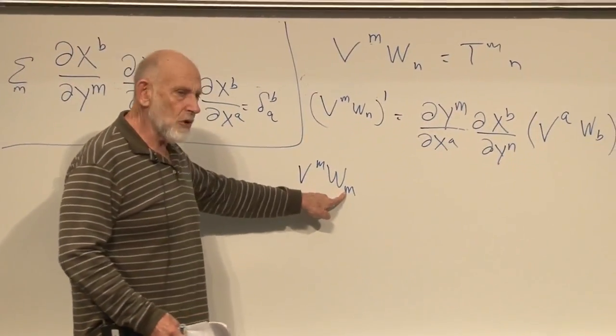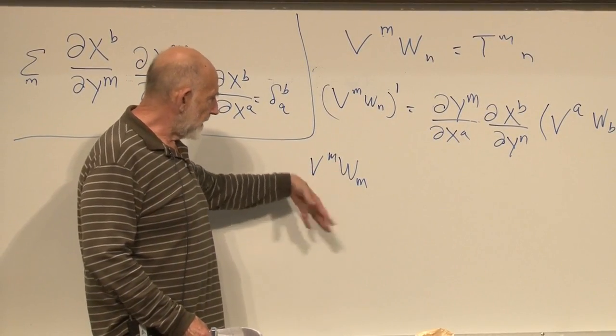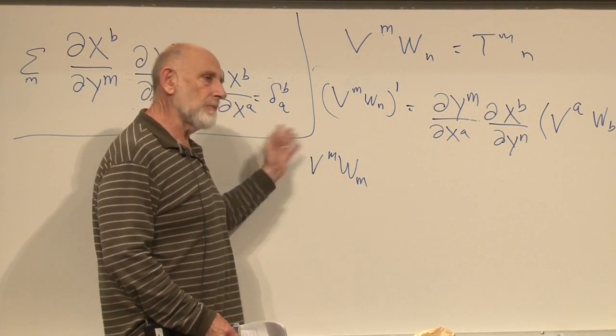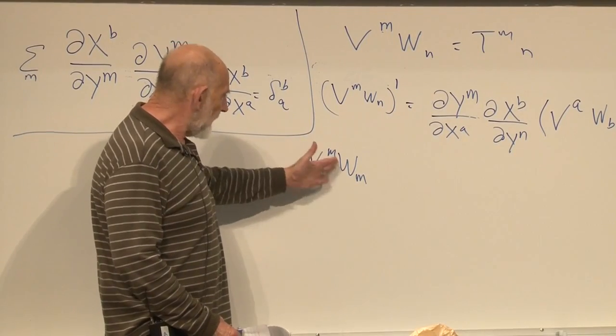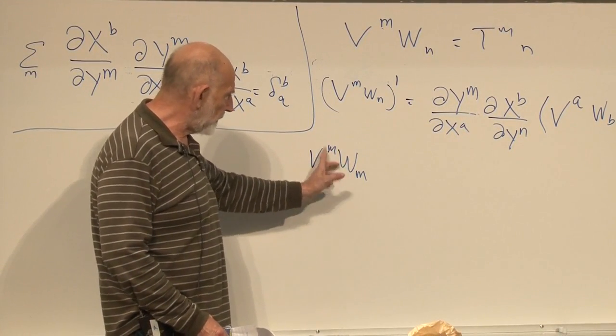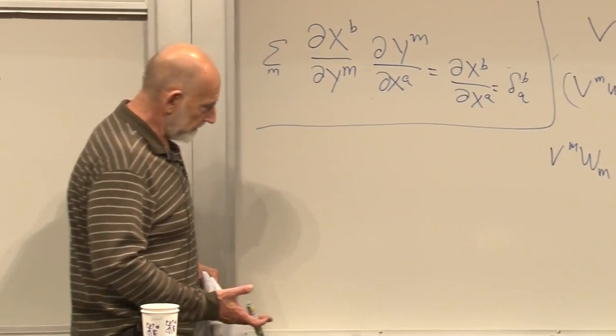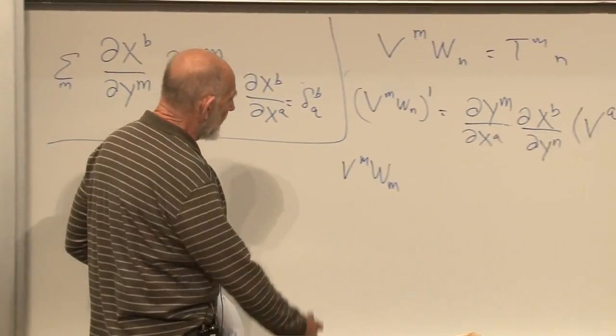Well, what about these indices? No, these indices are summed over. This is not the one component of something or the two component. It's like a dot product. The one component, the two component, the three component, all added together. The result has no components. They're summed over. All right, let's see what it is.